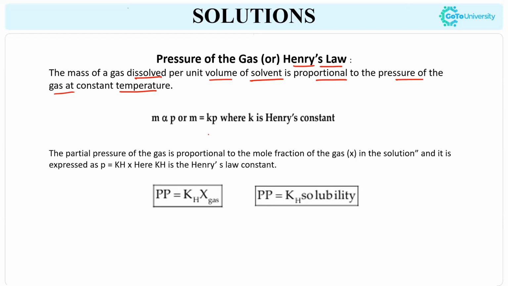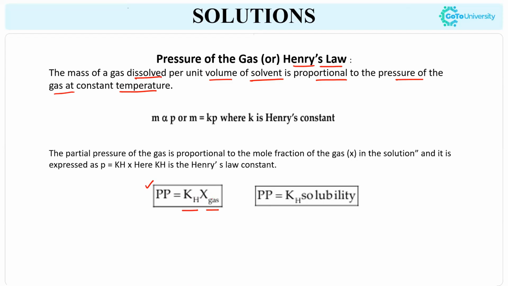So here in case of Henry's law, we have to know the equations. So for Henry's law, we have two equations. The first one is like the partial pressure of the gas will be the product of Henry's constant and the mole fraction of the gas in the solution. So that is P is equal to Kh into mole fraction. Here Kh will be the Henry's constant. So this is the first thing. Now we can simply say this mole fraction, mole fraction is a method to express the concentration, right?